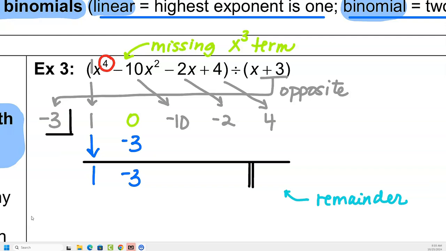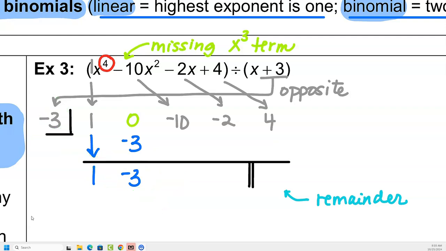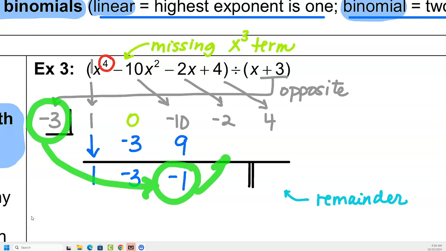Anything below the line gets multiplied by the window. So negative 3 times negative 3, right? And then we're going to take and put the answer here. What's negative 3 times negative 3? 9. Adding going down, negative 10 plus 9 is negative 1. Now I'm going to multiply the negative 3 times the negative 1, putting the answer here.